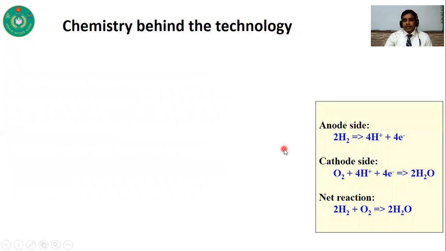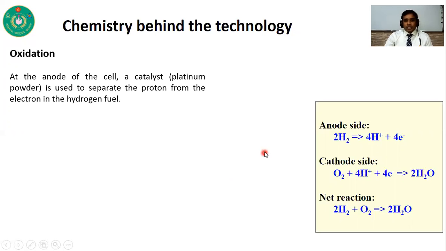So now the chemistry behind the fuel cell. Oxidation. At the anode of the cell, a catalyst, that means platinum powder, is used to separate the proton from the electron in the hydrogen fuel. Here hydrogen splits into proton and electron. Protons pass through the proton exchange membrane and electrons pass through the external circuit.